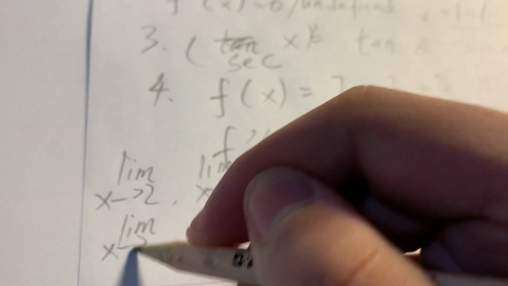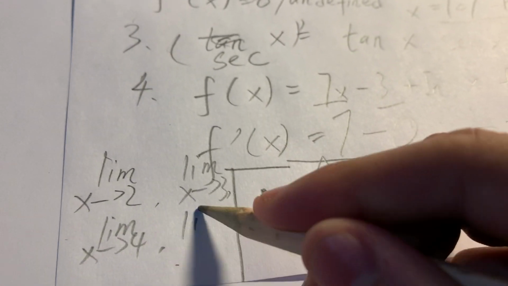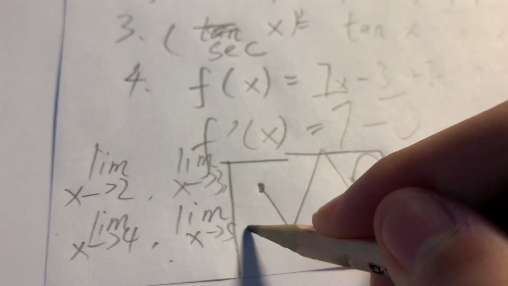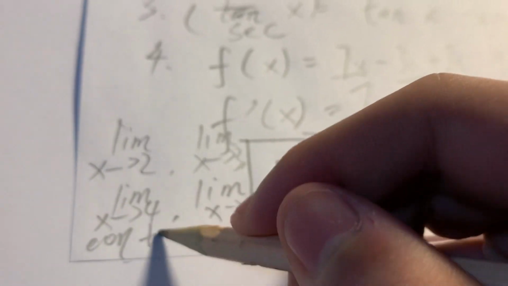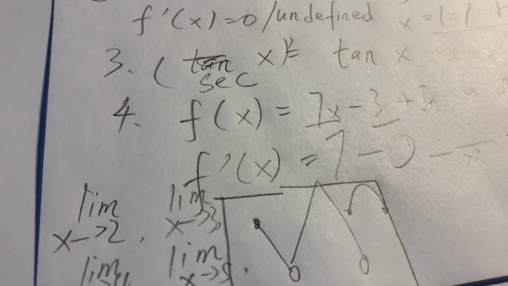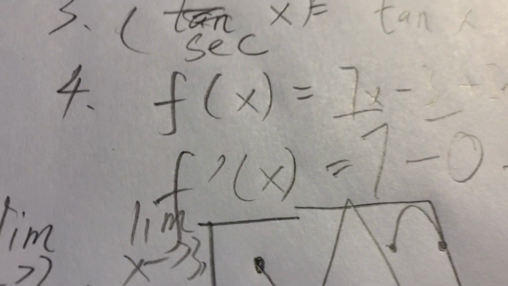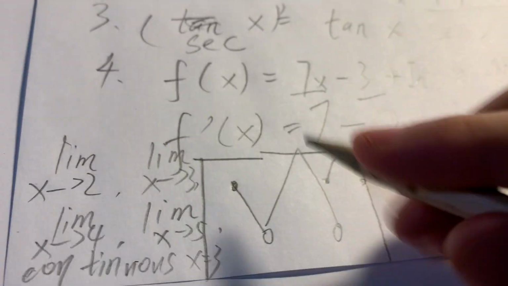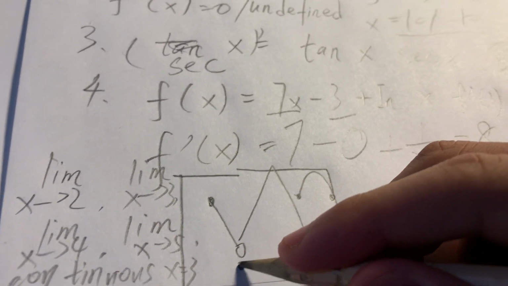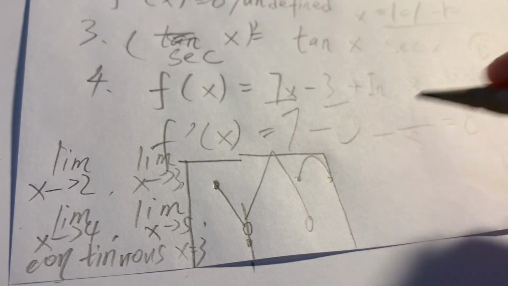The statement is whether this function is continuous at x equals 3, which one is false? So the first one is the limit as x goes to 2 of f(x) exists. There is actually a dot here. We can see that it really exists.